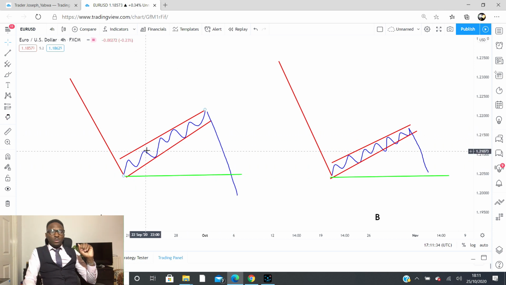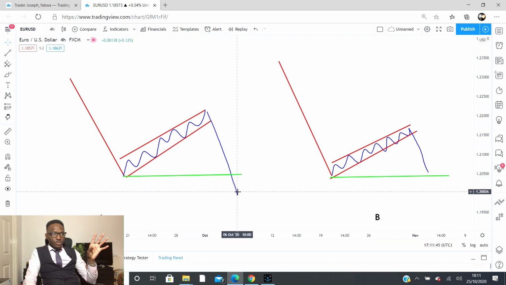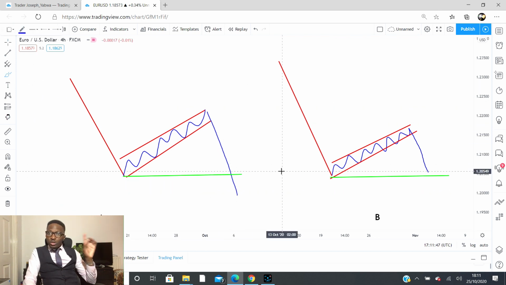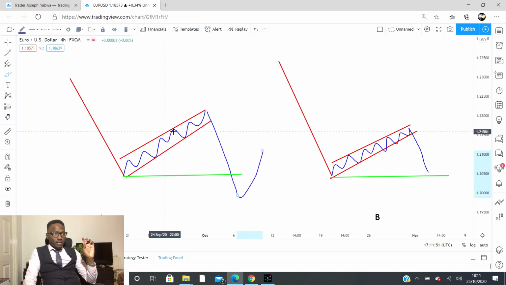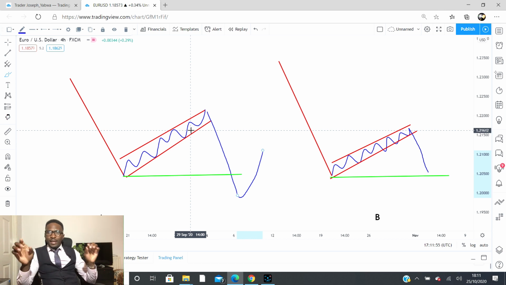So when the market makes a complex contraction A and breaks the previous structure, let's call this a previous structure. So in complex contraction A, if the market breaks out of the contraction and breaks the previous structure, in both contractions the market would retrace after breaking out of that. That's why I say it should always be first sign of communication, and you don't know where the market is going to retrace. But the thing is that the market will retrace.